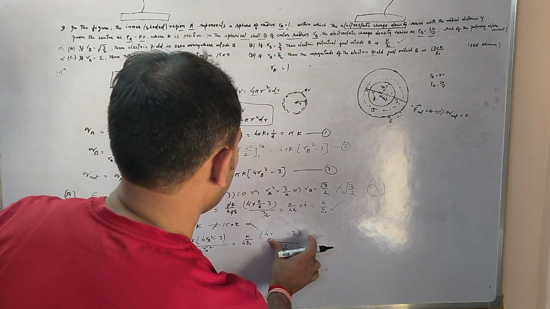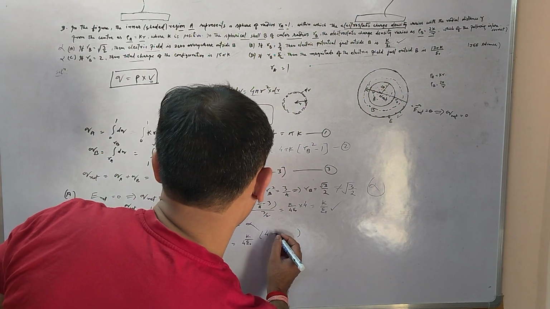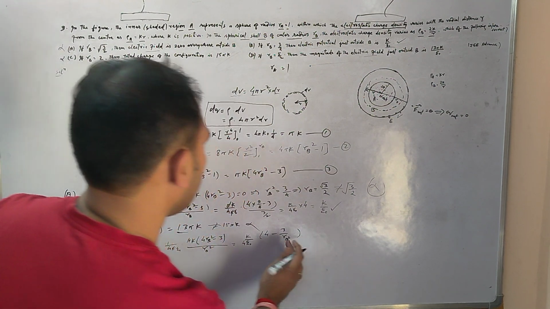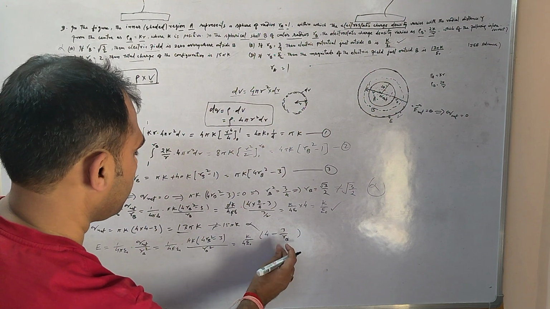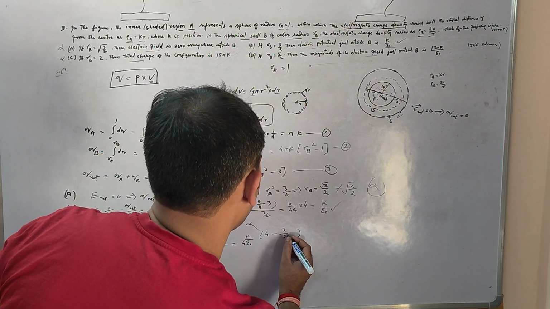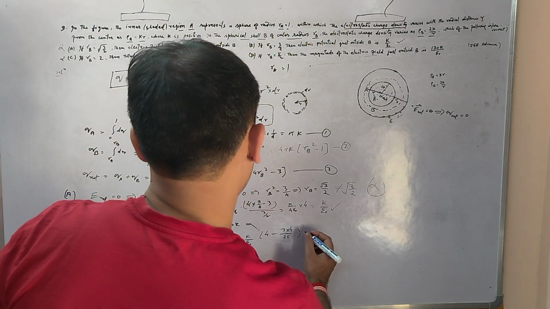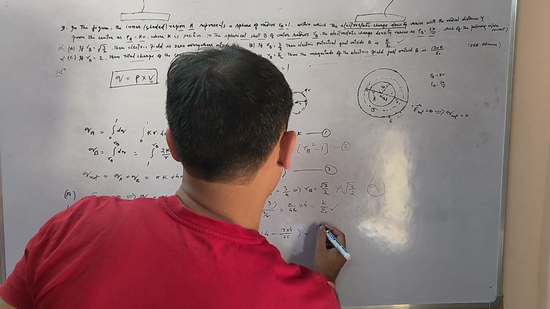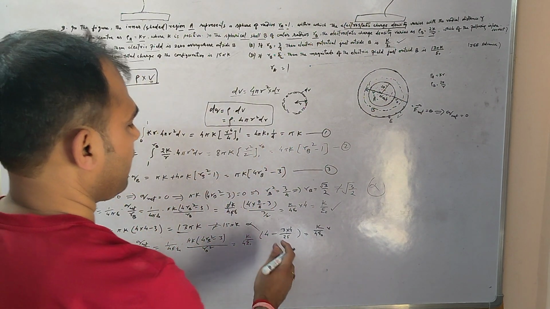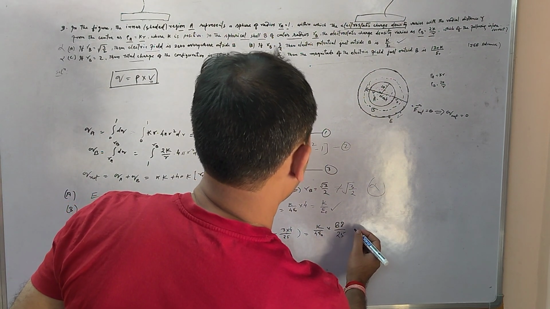We can also simplify it as 4 minus 3 upon RB square. So RB square will be equal to 25 by 4. This will be K upon 4 epsilon naught into 100 minus 12, 88 by 25.